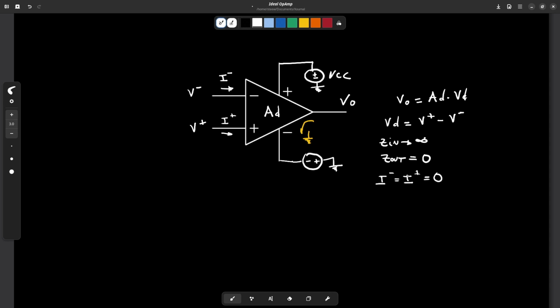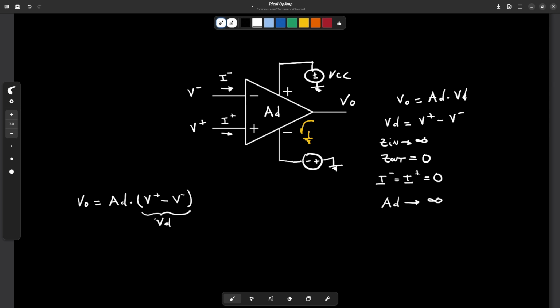So another feature of the operational amplifier is that its gain AD tends to infinite. So V0, if we rewrite it, V0 equals the difference gain multiplied by V plus, sorry, V plus minus V minus, which we named before as VD.